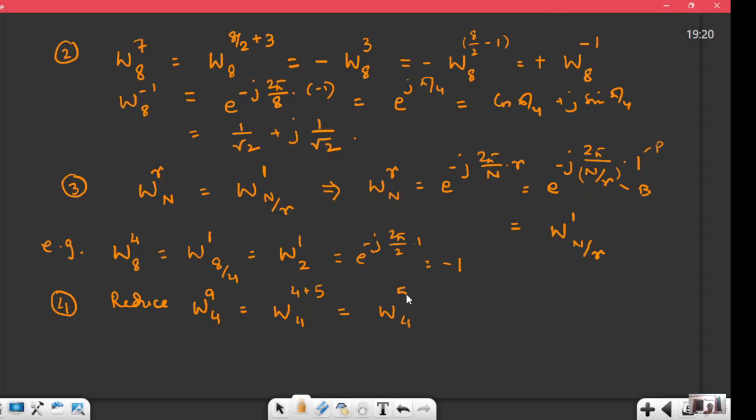Again you can apply the periodicity property as long as the power becomes more than the base. You can go on applying it, so this becomes W41. Similarly, you can go on applying the symmetry property also.